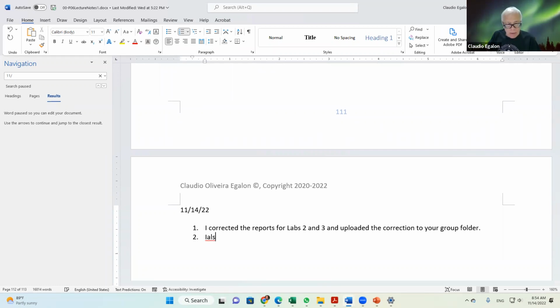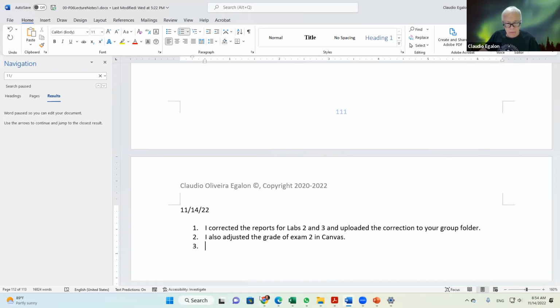I also adjusted the grade of exam 2 in Canvas. And I added the points for those questions that had problems. So you should have a better grade now.